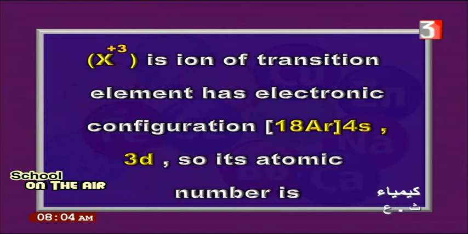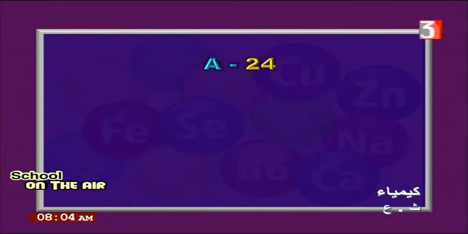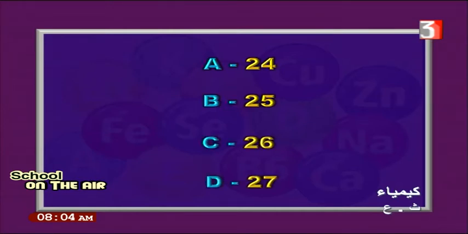Electronic configuration: 18Ar, argon has atomic number 18, and 4s is 0, at the same time 3d has 5 electrons. So its atomic number is 24, 25, 26, or 27. Which one is suitable? I say here 26.